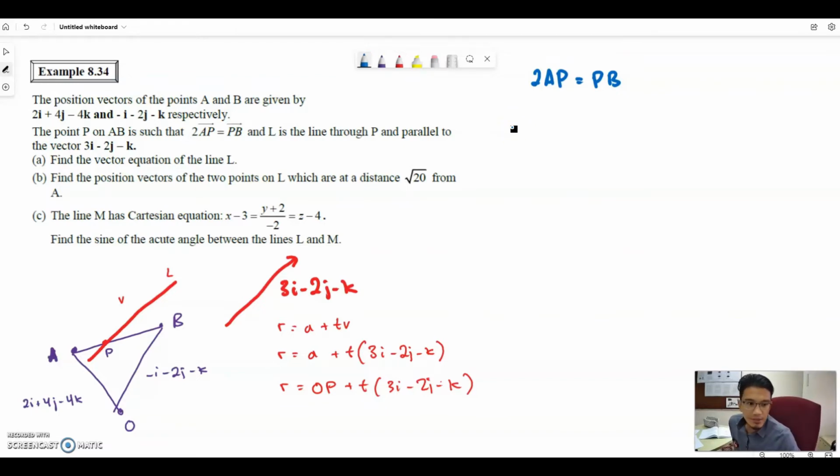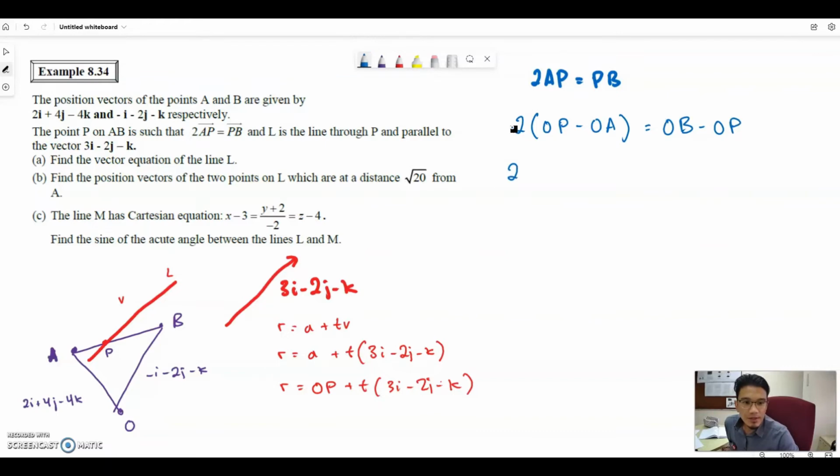Vector AP is OP minus OA, and vector PB is OB minus OP.